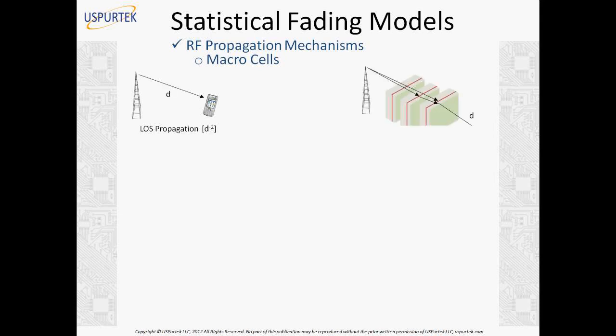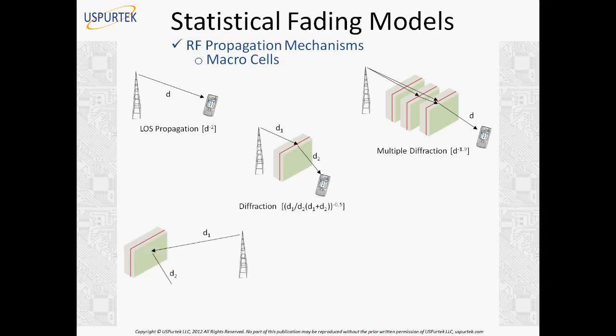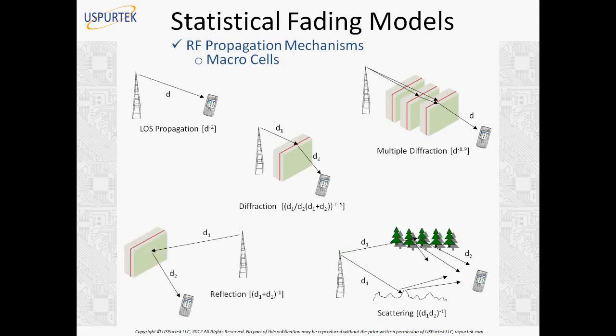Now let's look at some of the propagation mechanisms that are used in macro cells. For a macro cell, you could have line of sight propagation, where the signal power decays as the inverse square of distance, d exponent minus 2.